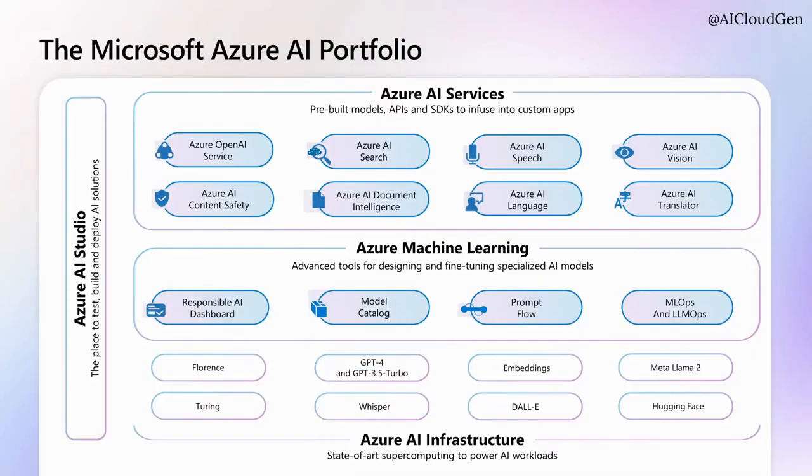So this is an important slide because here we are showcasing the entire Azure AI portfolio. Starting right at the bottom, we have the Azure AI infrastructure, which I talked about. When we want to do machine learning, we need to have grunty infrastructure in place, and that's what Azure provides.